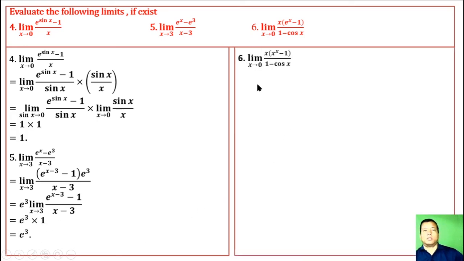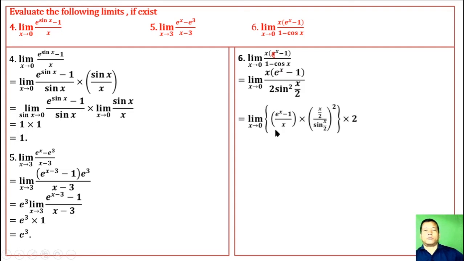Number 6, in this limit, 1 minus cos x is 2 sin square x by 2, so e to the power x becomes the function. Rearranging to e to the power x minus 1 by x, we fill up sin x by 2 in the denominator, and x by 2 is squared, so we get x square.